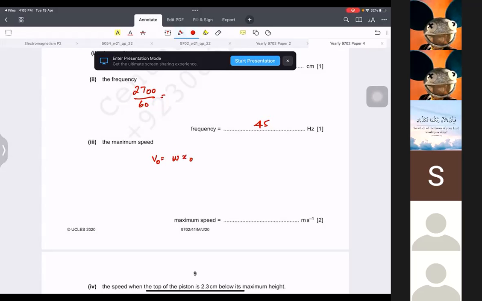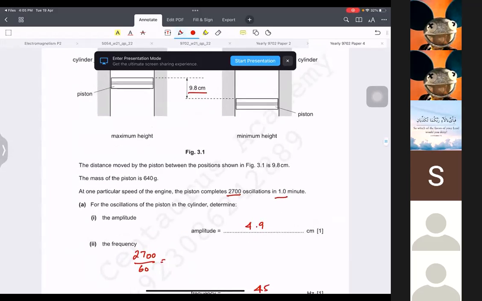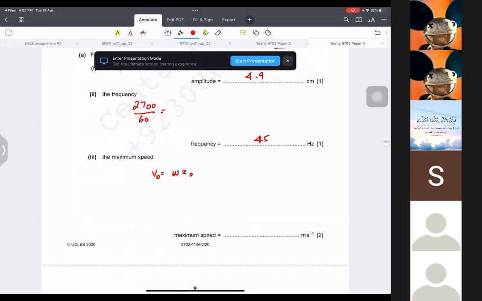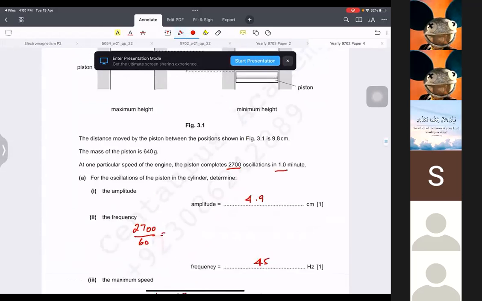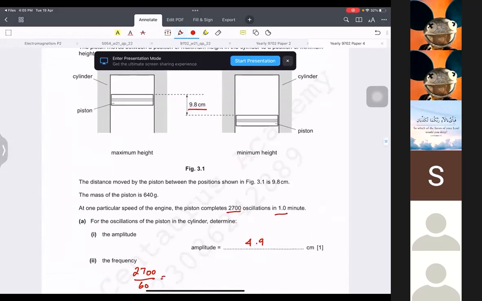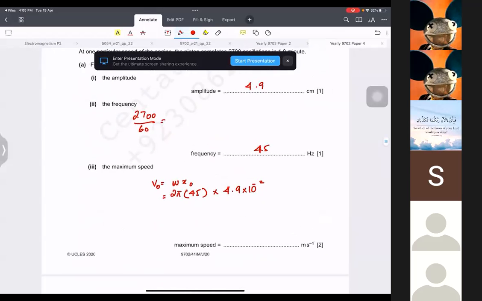But why? x naught is 4.9, right? Omega में मान लो. Omega is 2 pi f and x naught is 4.9 times 10 raised to power minus 2. We could do that, right? कितना आ गया? 13.9, 14 meters per second. All right, that would be the one.